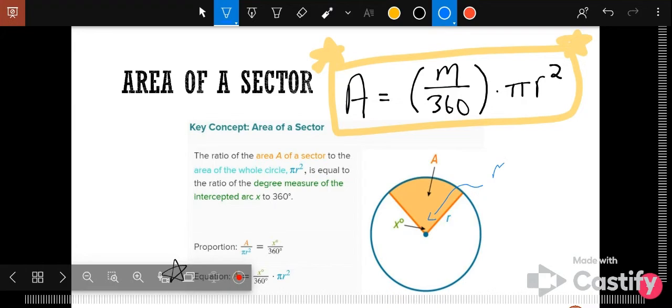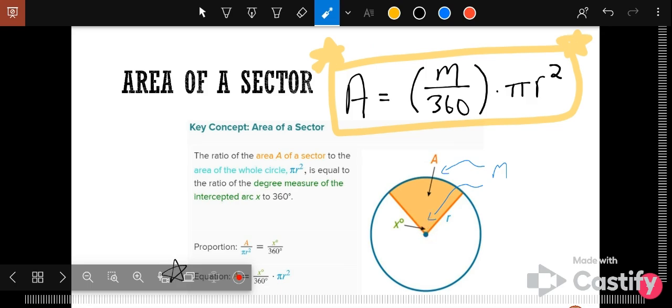Now that m, that measure, could be here, the measure in degrees, because that's the angle, or it could be right here on the arc. The measure can come from either place. It is going to be in degrees, but it can be written on the circle, maybe 84 degrees of the circle, or in the angle part, maybe an 84 degree central angle.